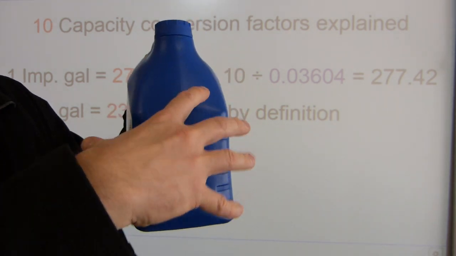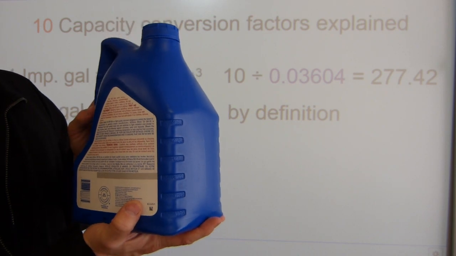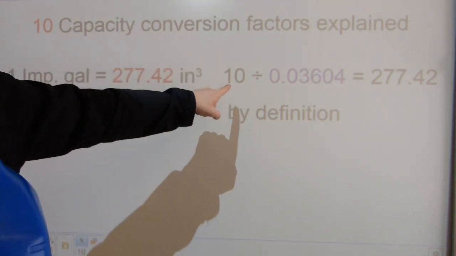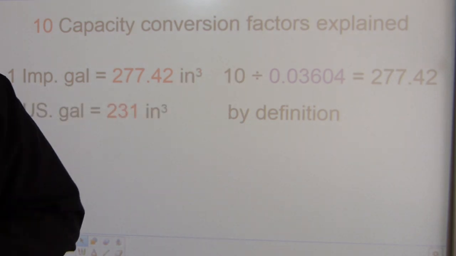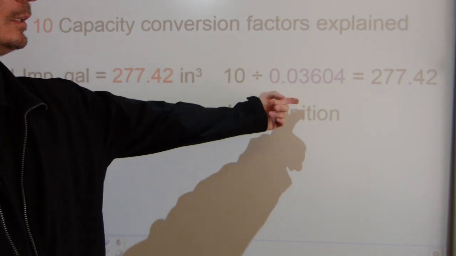So whatever shape and whatever space 10 pounds of water takes up, there are also other conditions relating to temperature and pressure. That's going to be 1 Imperial gallon. So they picked a whole number, 10, and the rest of it is an infinite decimal number.